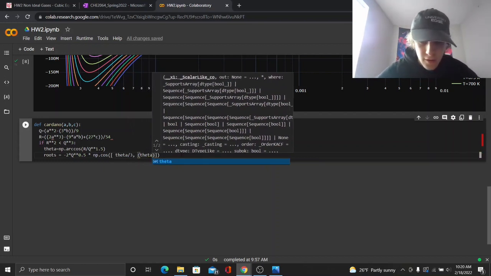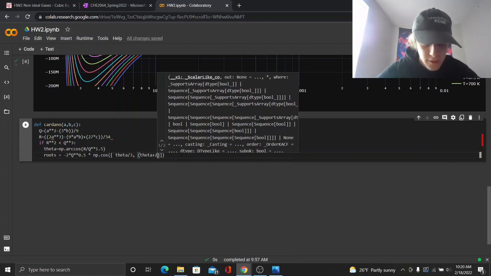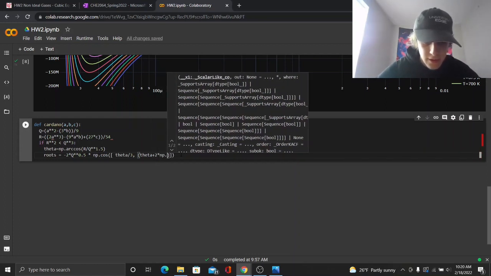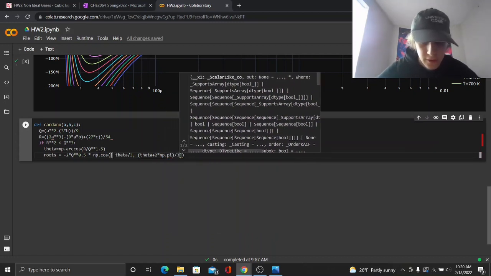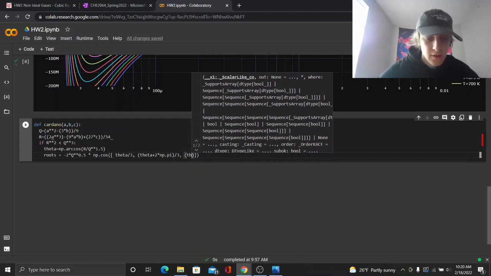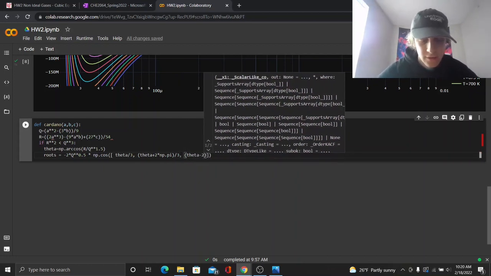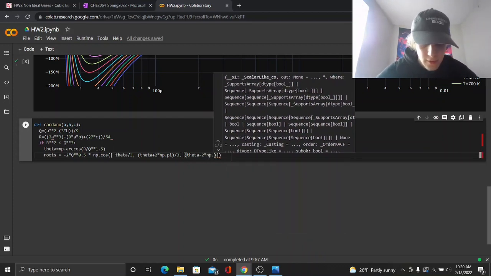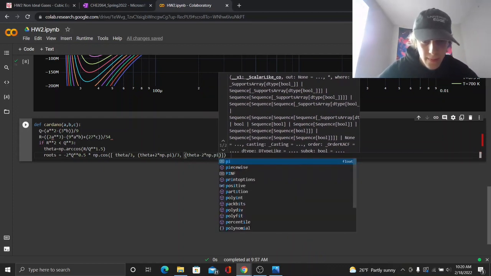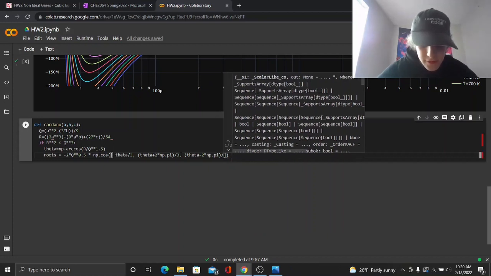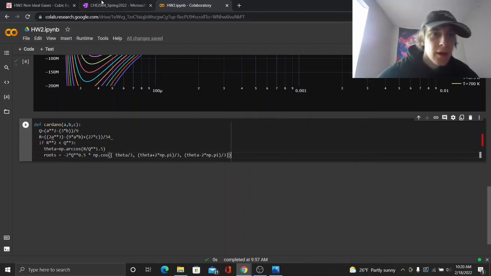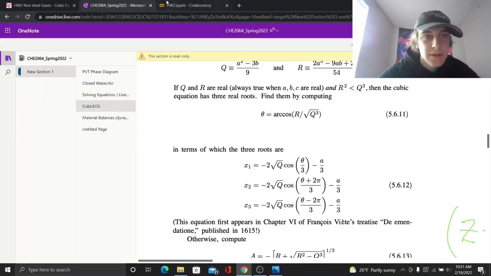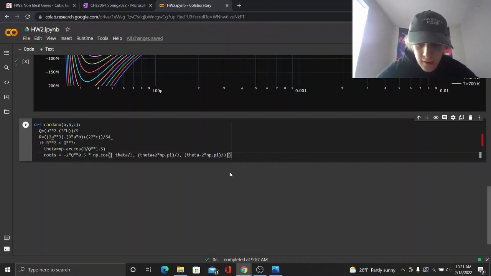theta plus 2 times pi over 3 and theta minus 2 times pi over 3. And then all of these are minus a over 3 as well. So minus a over 3.